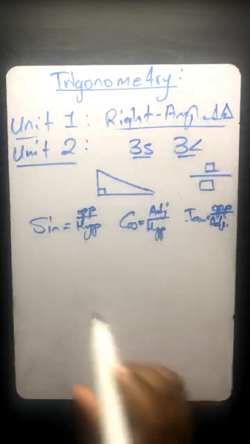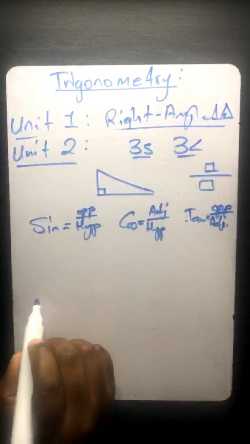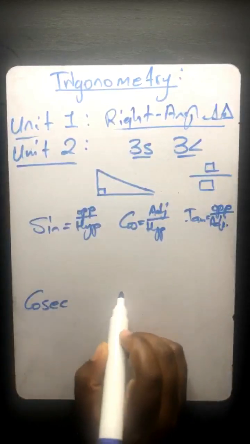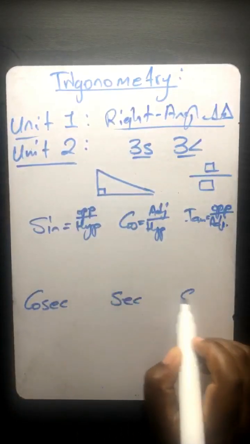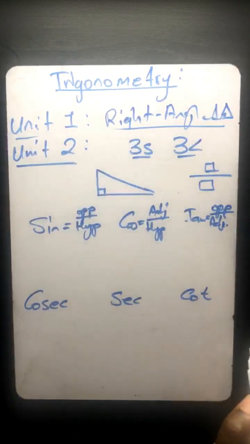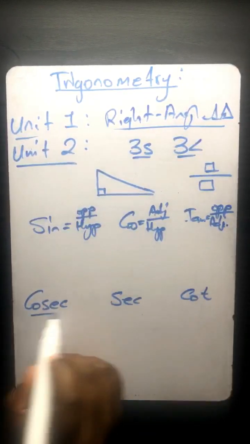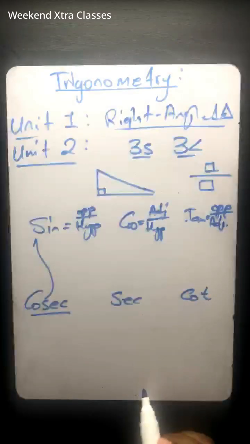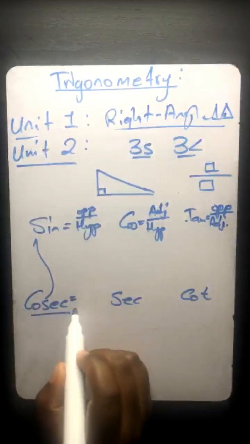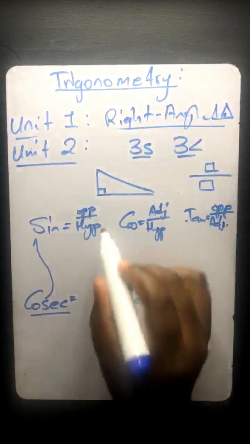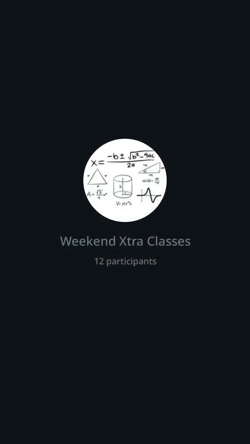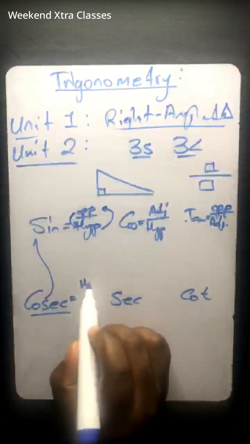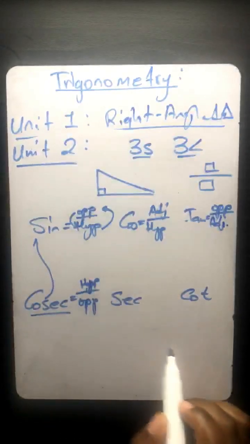With you understanding that you have cosec, sec, and cot: since cosec is the cousin of sine, the ratio for cosec is just a swap. The denominator becomes the numerator and the numerator becomes the denominator. So it's going to be hypotenuse over opposite.